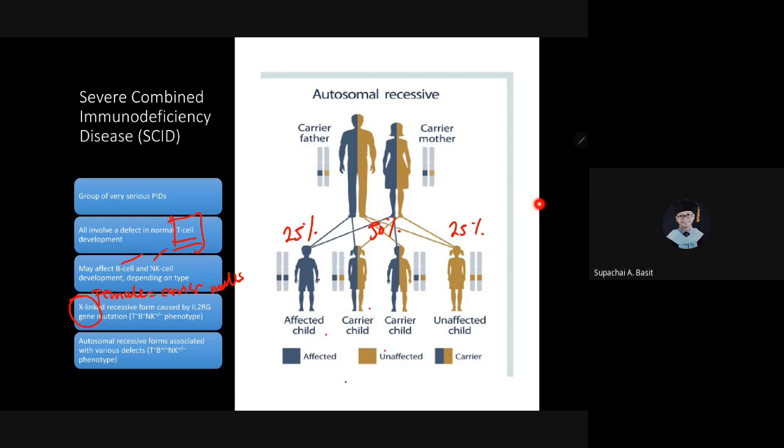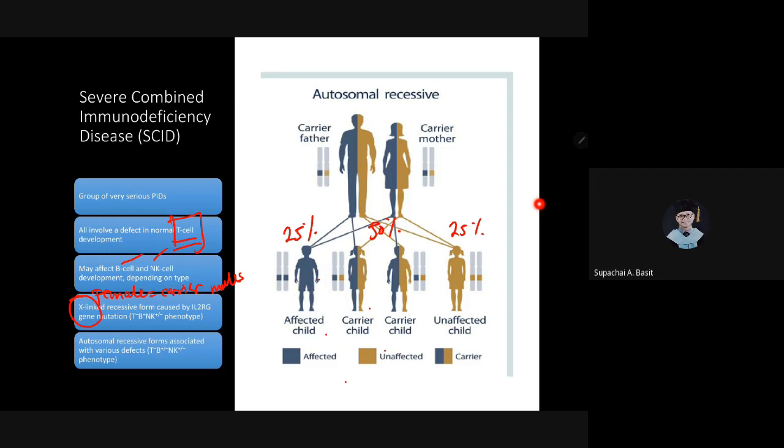So in autosomal recessive disorder, it means that both male and female could be carriers, unlike in X-linked recessive, where only the female could be a carrier, or most of the time, the male would be affected.